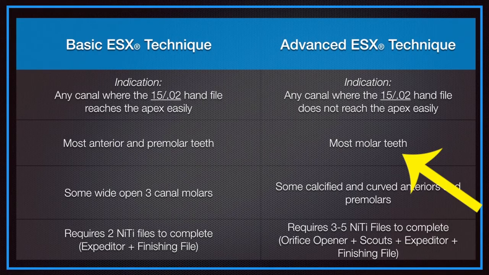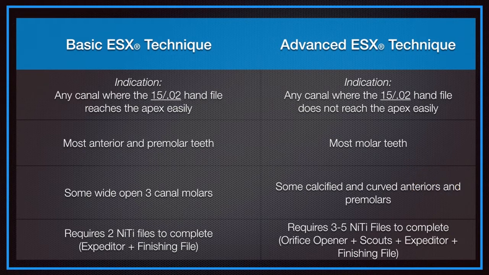But the mesiobuccal, the MB1, and certainly the MB2, is very often an advanced canal. Therefore, because one of the four roots is advanced, we should use the advanced protocol for the whole tooth. As a result, most molar teeth end up being advanced cases.